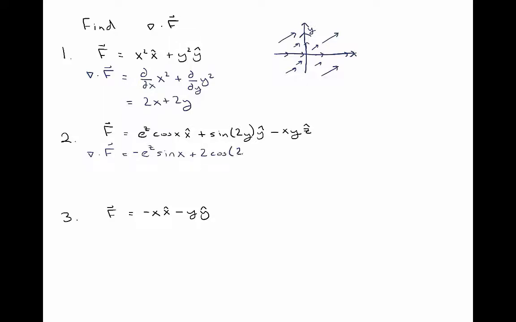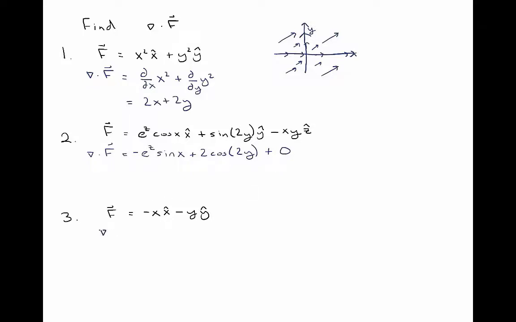Derivative of sine is cosine. Then we take the derivative of minus xy with respect to z. That's just 0. Okay, done. So the tricky business with this one is just remembering one of these functions is a constant. The trick here is you have to use the chain rule. And this is remembering that x and y is a constant.